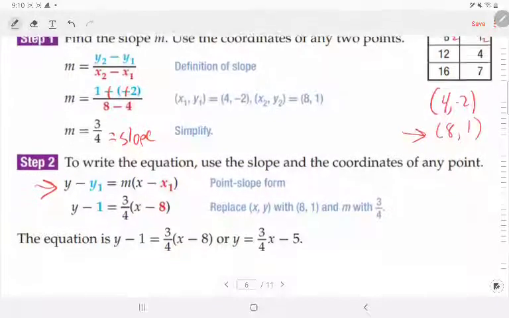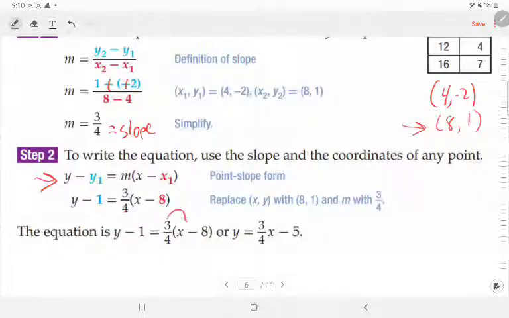So when we do this, we would distribute, right? So we plugged in our slope, we plugged in our y and our x, and now we can distribute the 3/4 out. So I'd have y minus 1 equals 3/4 x minus 6. 3/4 times 8 would be 6, because 3 times 8 would be 24. 24 divided by 4 would be 6.